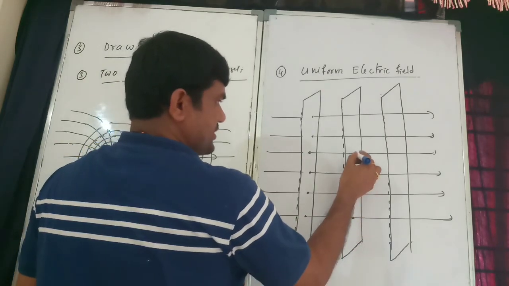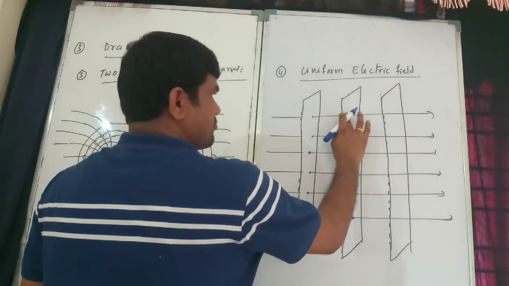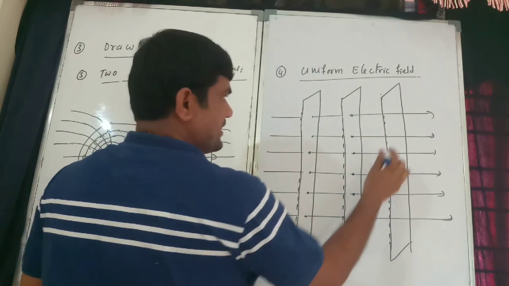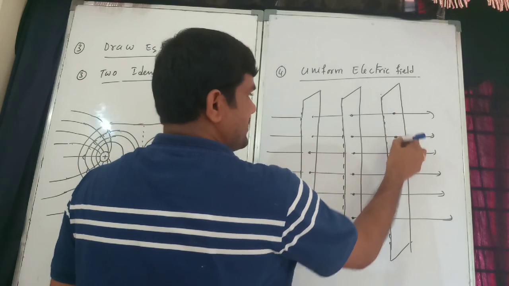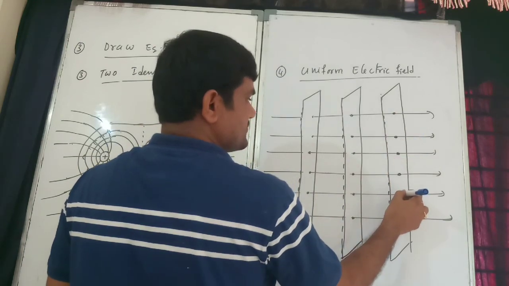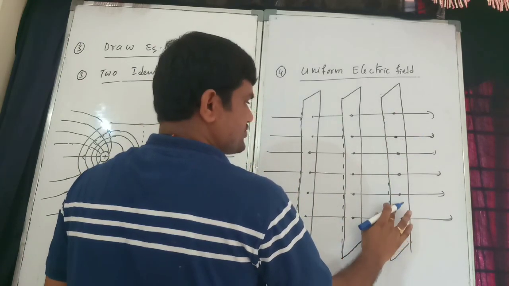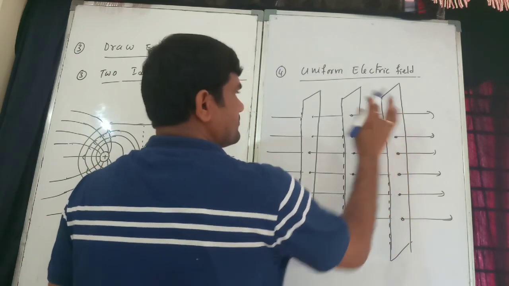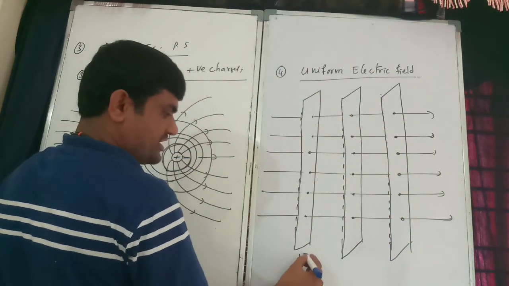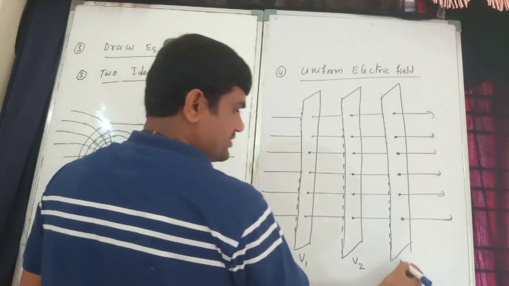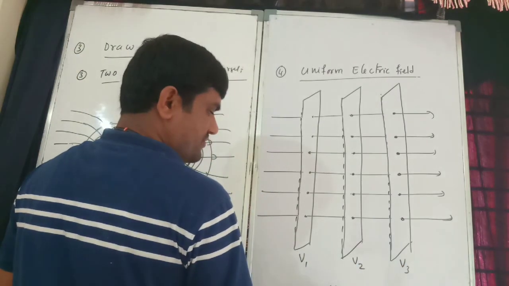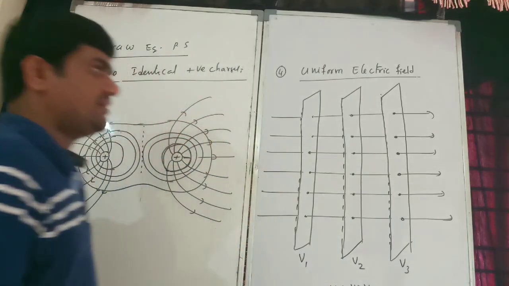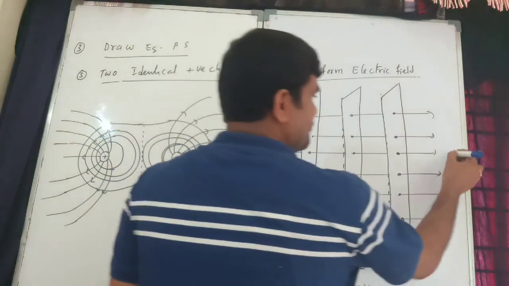At this point the potential is the same for the first plate, second plate and third plate. Wherever you see here, the potential is the same. This is potential V1, V2, V3, so V1 is greater than V2, which is greater than V3, along the electric field lines.